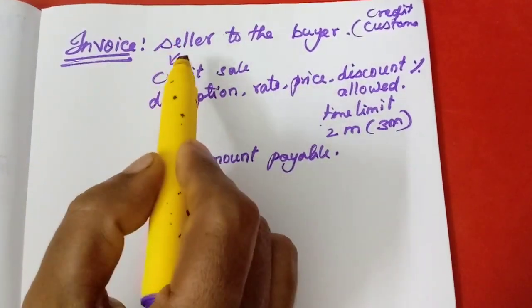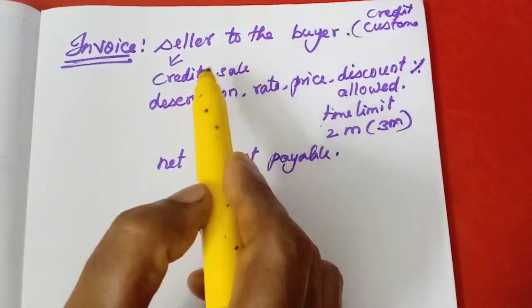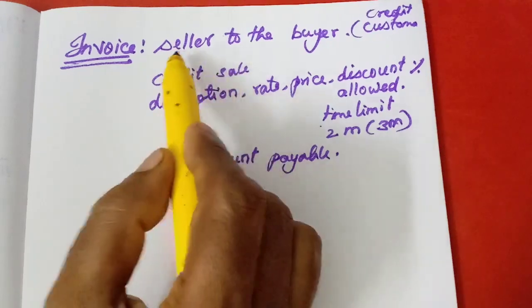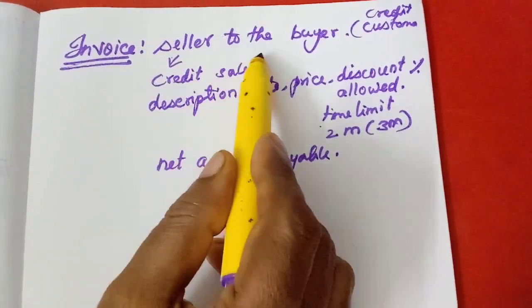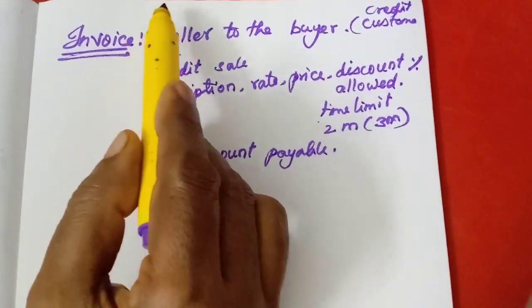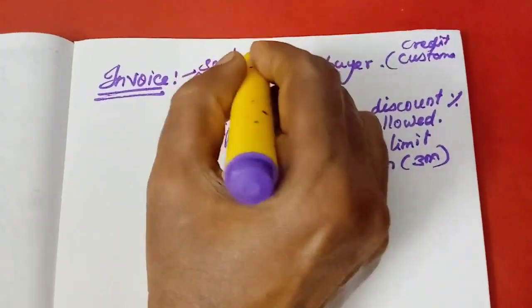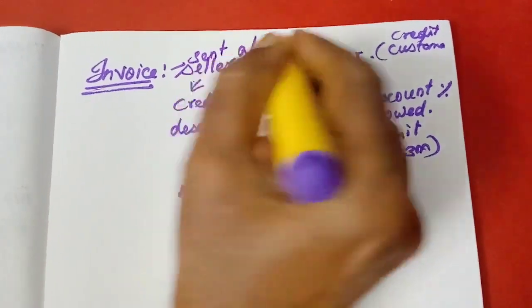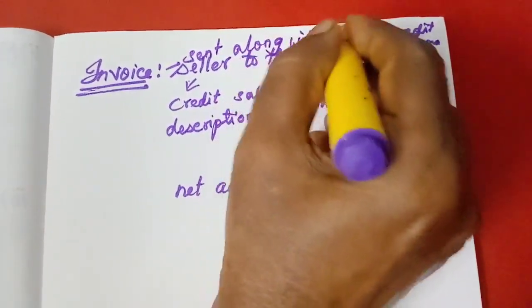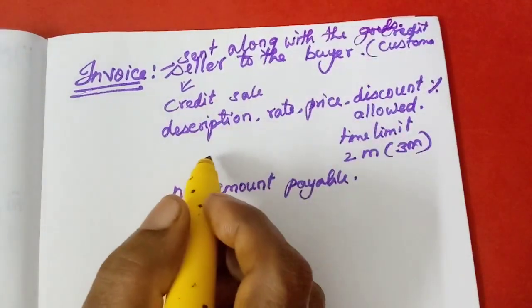It is issued by the seller to the buyer at the time of purchase on credit. When the seller sells on credit to the credit customer, the invoice will be sent along with the goods to the buyer. I think you might have understood.